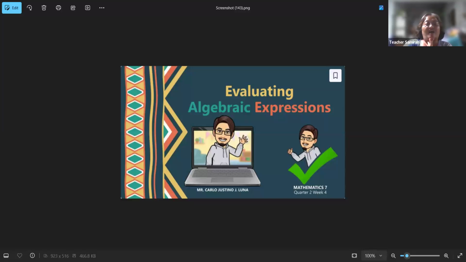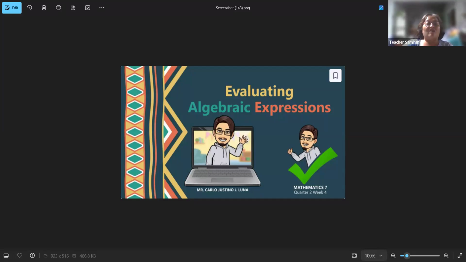The other one is variable. A variable is a symbol, usually letters. The usual letter that we use in an algebraic expression is the letter X. This letter represents a value or a number. We should not limit our variable just to the letter X. We can also use Y or all of the letters in the alphabet.